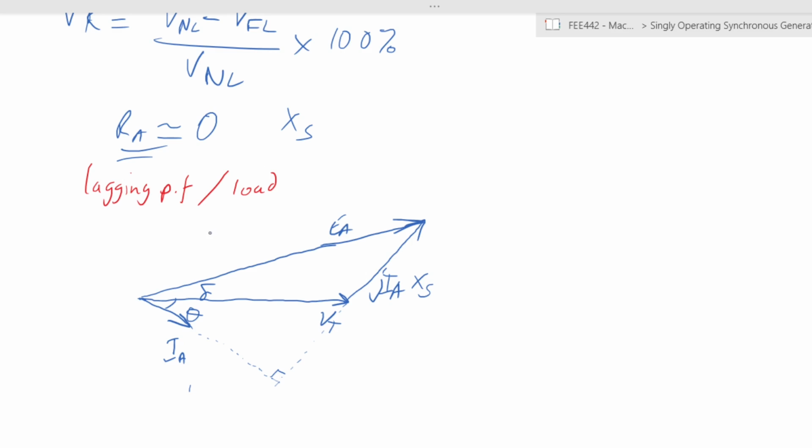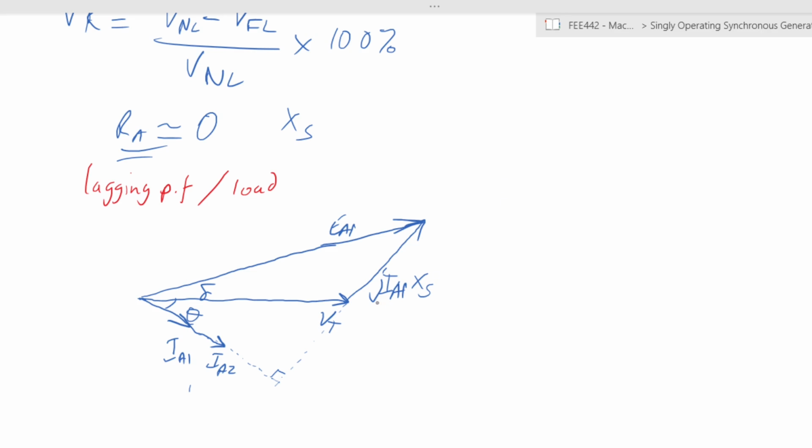Now, what happens if you have your IA and then you have an increase in that load? So it means that the value of IA will increase from, say, there to, let's say, there. So we say IA2. Let's call this IA1, and that is IA2. So IA1, this is internal generated voltage number 1, right? What happens in this case?